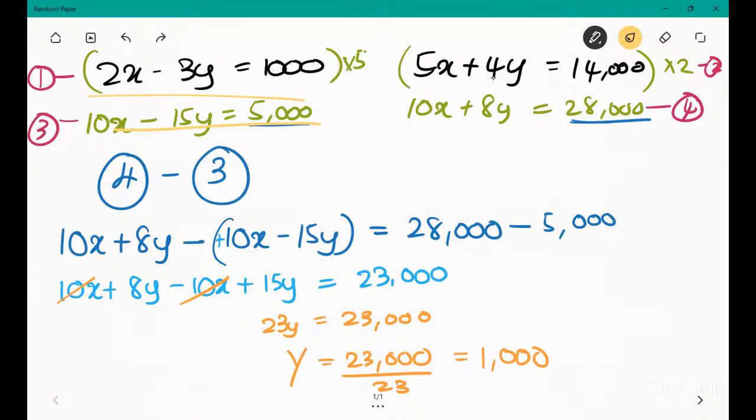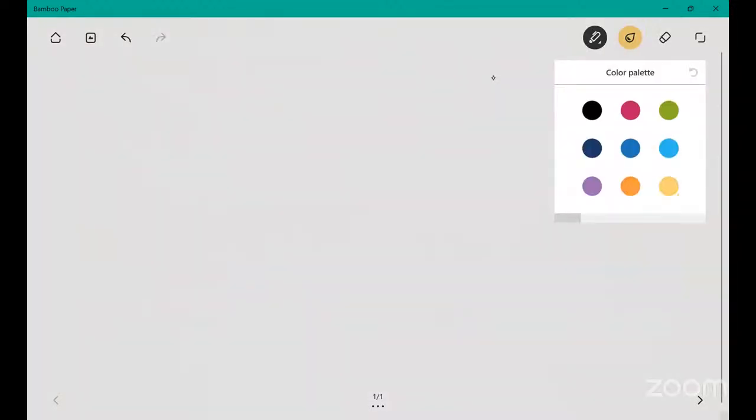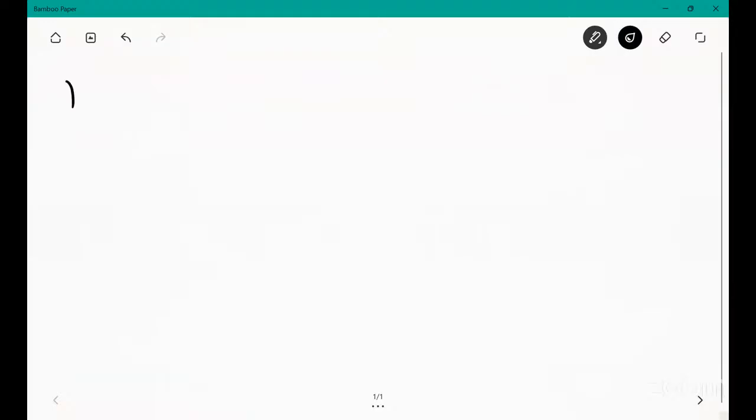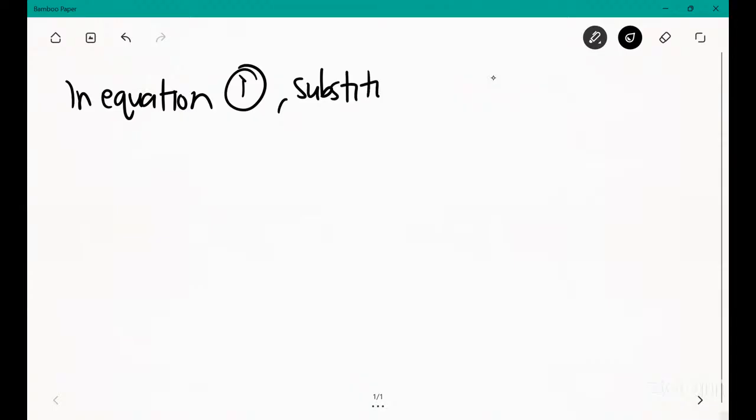So I'm going to pick equation 1: 2x minus 3y is equals to 1,000. So in equation 1, substituting y is equals to 1,000.